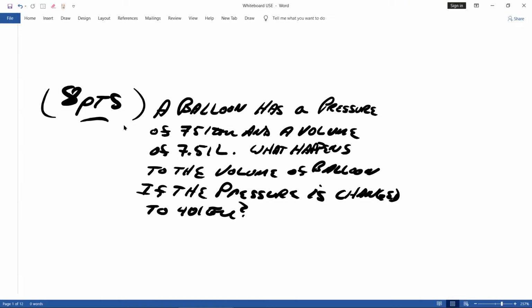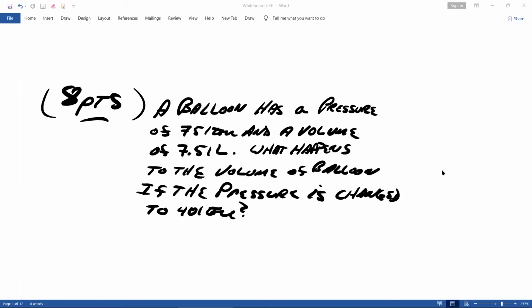8 points. A balloon has a pressure of, thumbs up, people. Hold on, let me check. All right, is today slow? Thumbs up. All right, I'm going to have to find the right thumbs up, people. All right, let me decode this in case you can't read my printing.